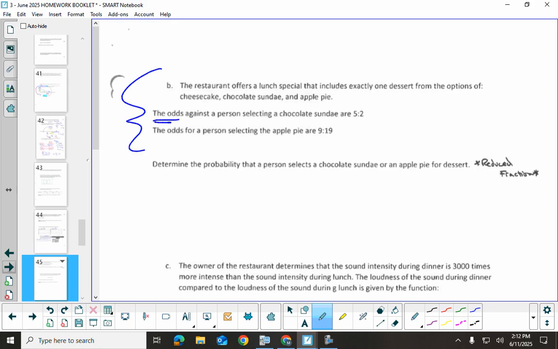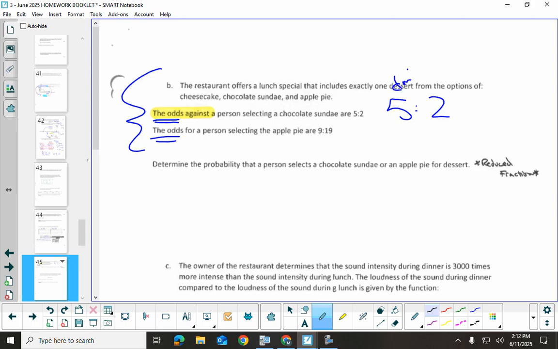As soon as you see odds, you're instantly thinking probability. Odds are little formulas. So, with reading the question, the odds against a person selecting a chocolate sundae is 5 to 2.